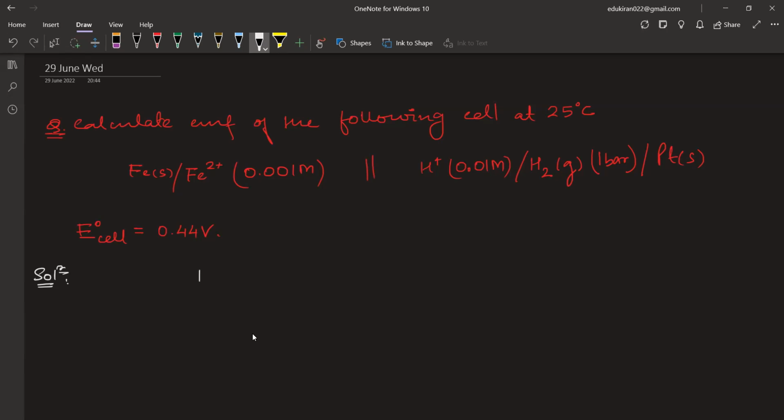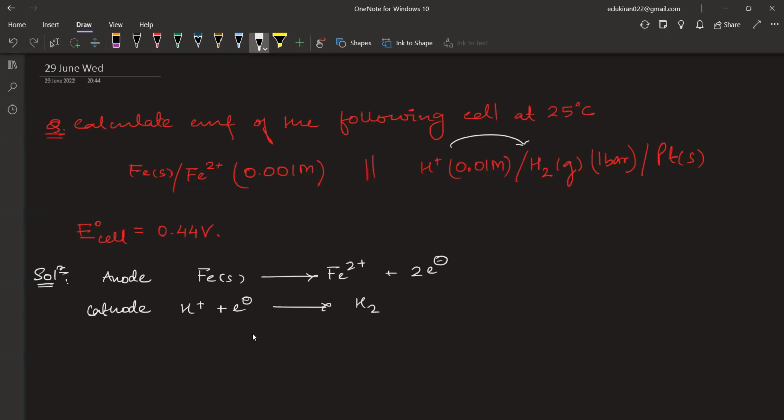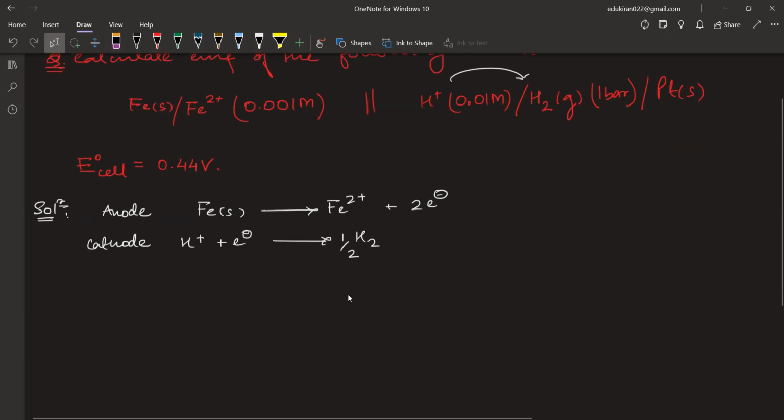So we'll write first of all what is happening at the anode. We'll write it as Fe solid getting converted to Fe2+ plus 2 electrons. And what is happening at the cathode? H+ is getting converted to H2. So we'll write H+ plus an electron giving you half of H2, because you have to balance everything out, right? Now we see that there are different numbers of electrons, so we multiply this second reaction by 2.